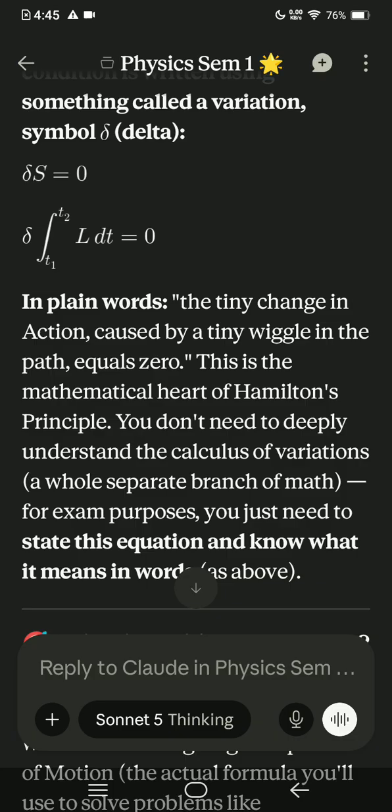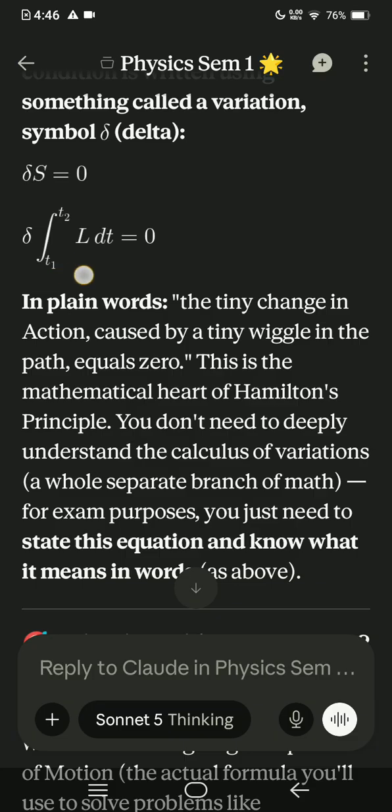Now in plain words, the tiny change in action caused by a tiny wiggle in the path equals 0.